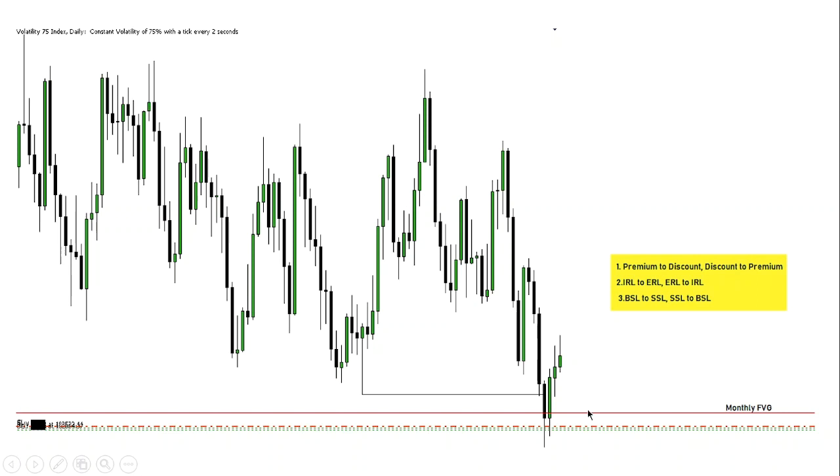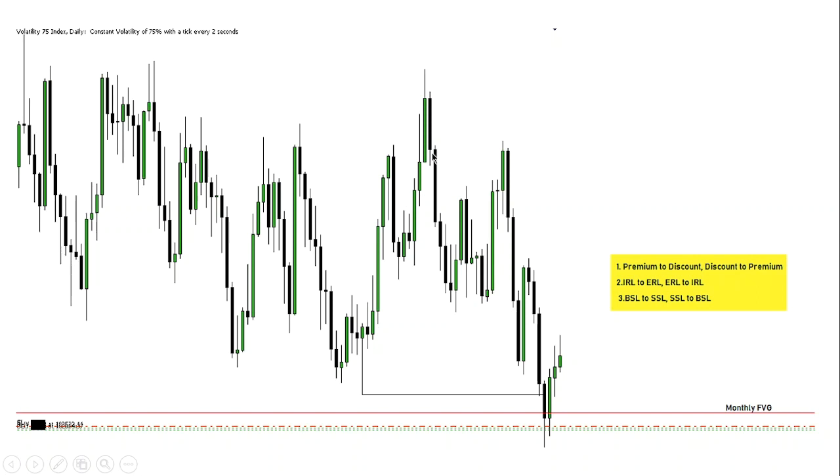Price could still continue going down lower, and so all the trade setups that I have framed, or that I've been a part of, essentially I was part of this sell too. It's just price moving from internal range liquidity to external range liquidity.